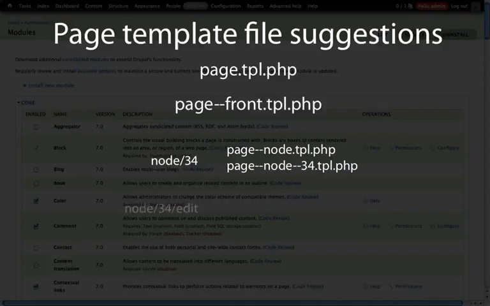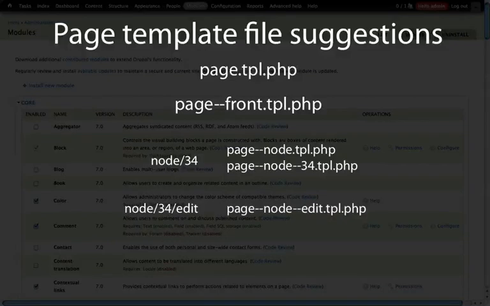Let's look at another example. node/34/edit. Now this is unique because that inside variable, the 34, will be variable depending on what node we're editing. But chances are we want to edit the page template that applies to all node/ and then whatever number /edit. And the way that this cascades into the file name is this way.